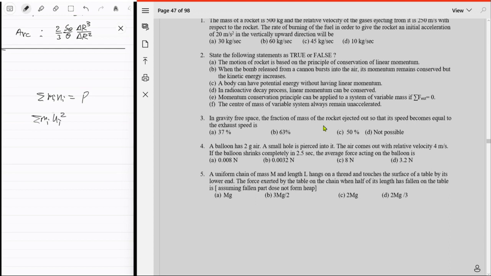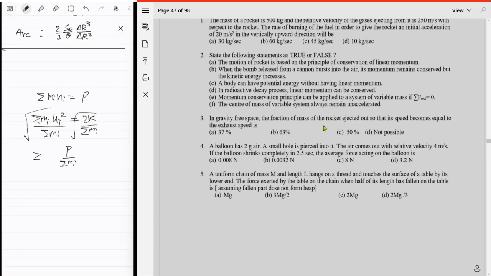ui squared, half of that, let's just say this is equal to kinetic energy, right? And ui are just the velocities in a certain direction. Then you can use the weighted power mean inequality, of course, which basically says that the square root of this thing upon summation of mi is actually bigger than or equal to summation of mi ui upon summation of mi, which is like p upon summation of mi.